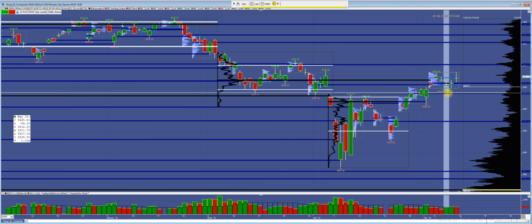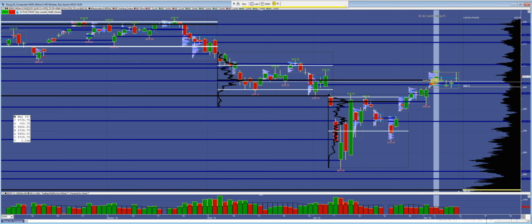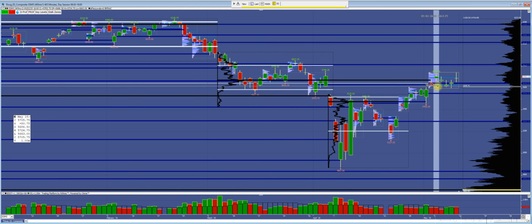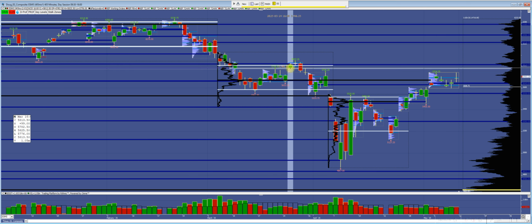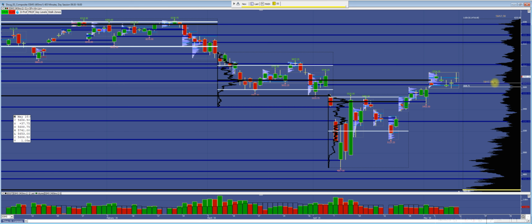Gapped up, accepted price higher at the 55.51, and then gapped up again. And then in the last 6 days, we've been finding balance back inside of the prior value area that we had fallen out of. Currently we're finding value at the 56.45, 50 area, and currently trading 57.03.